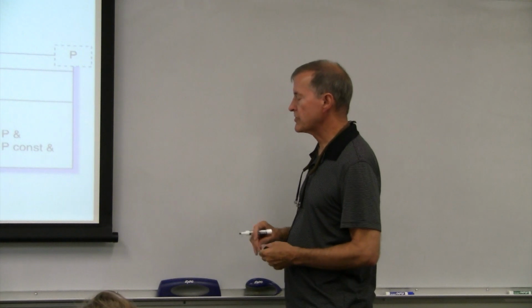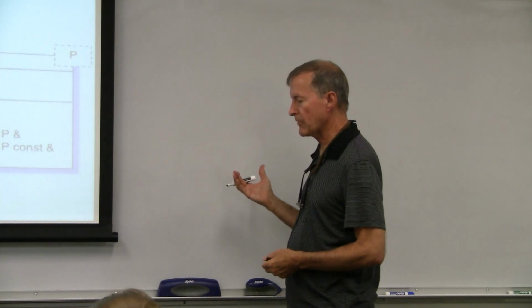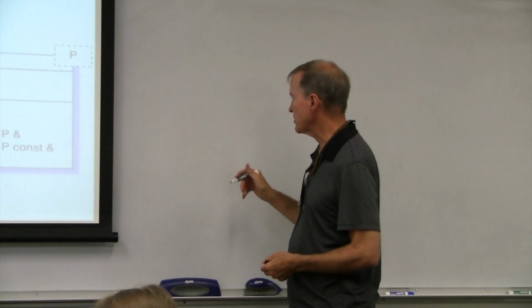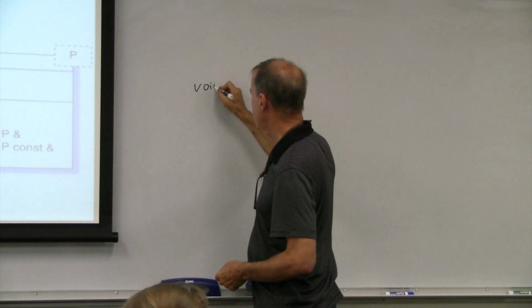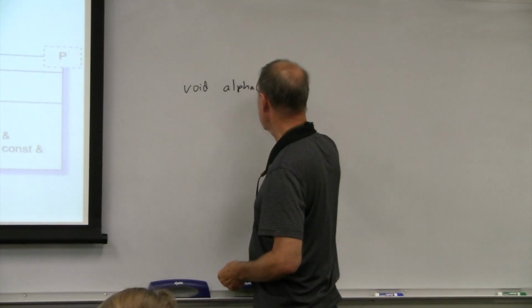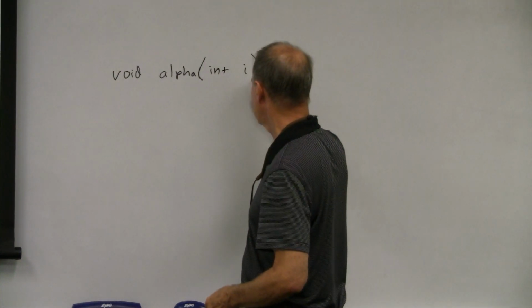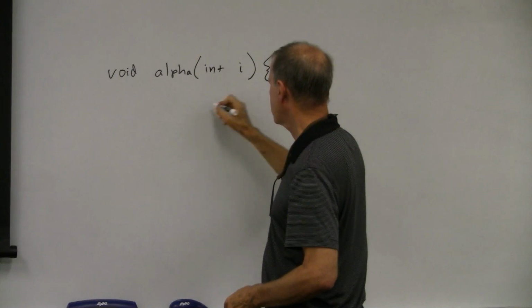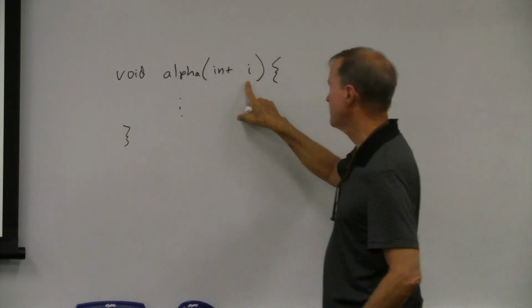Let's do an example with just a function. So you know, if we say void alpha, and let's say we say int I, and then we have some code, right?